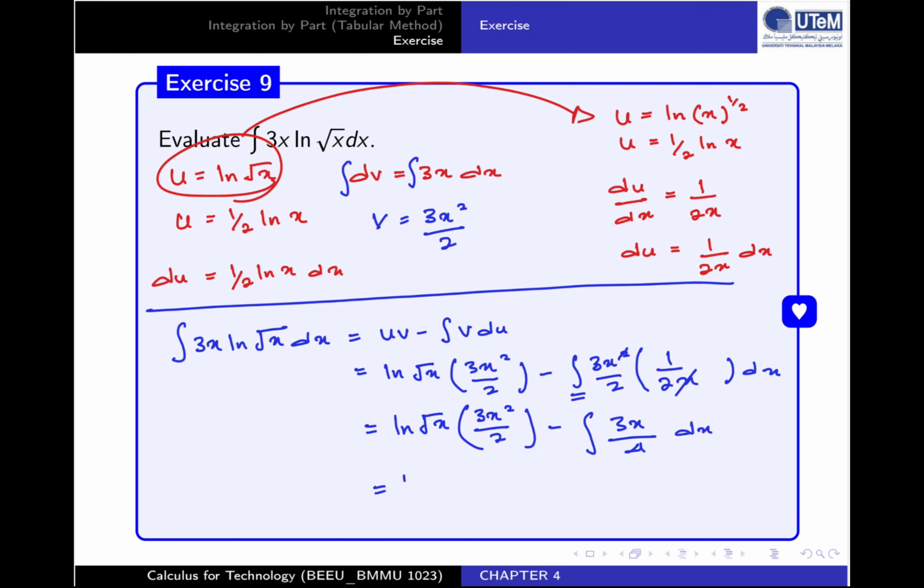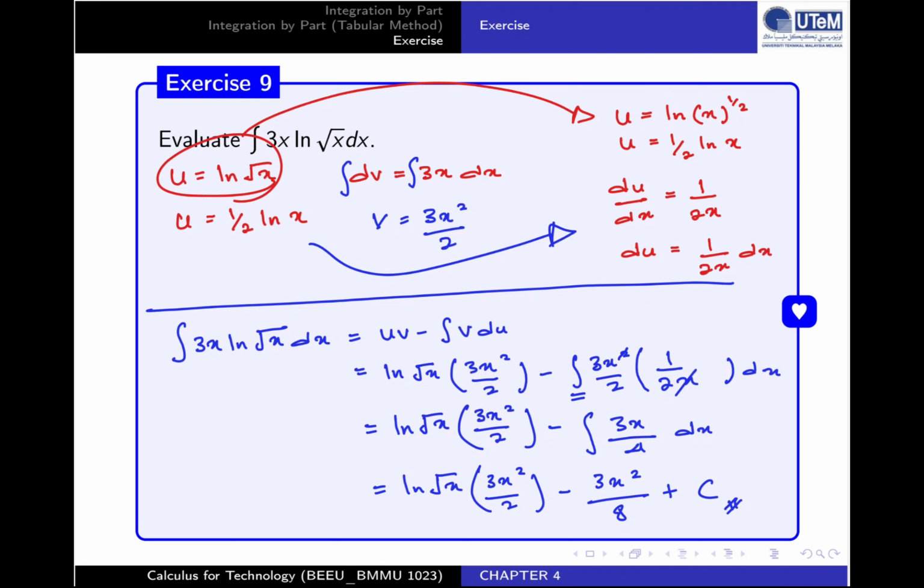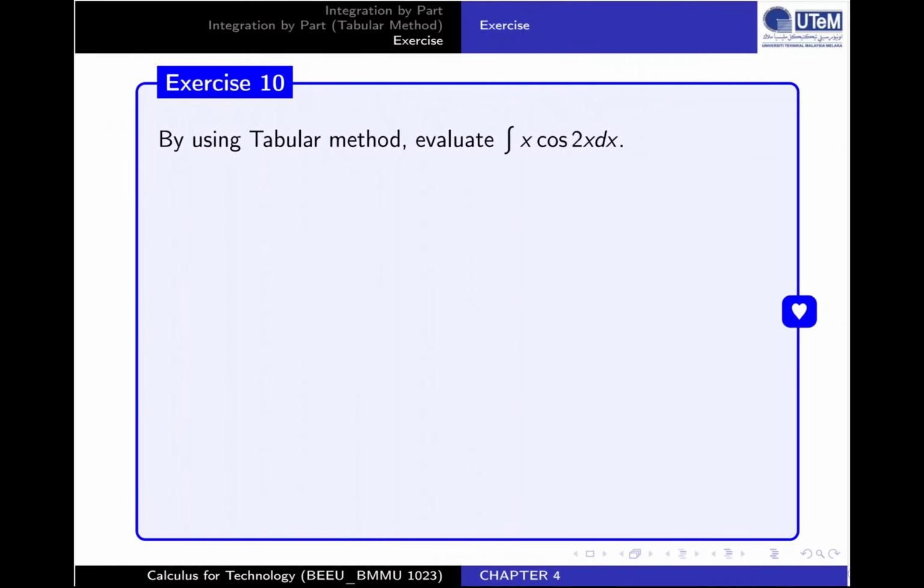So we can integrate, ln x times 3x squared over 2 minus 3x squared over 8, and then plus c. So that is the answer for exercise 9. So the earlier one is not correct, just refer to the right hand side here.